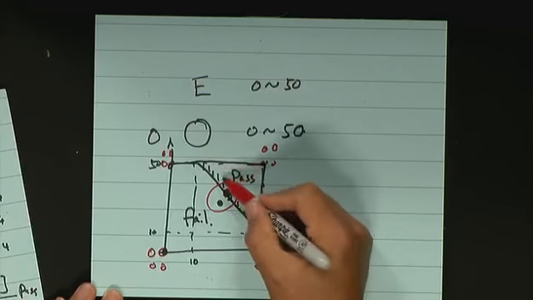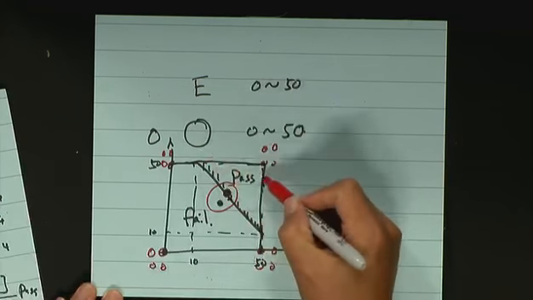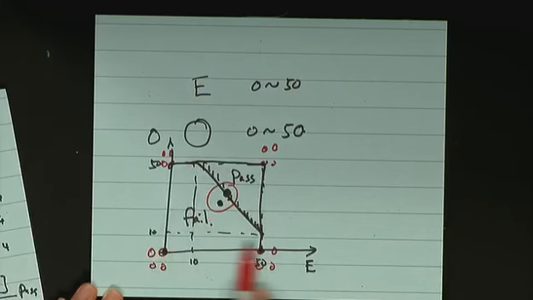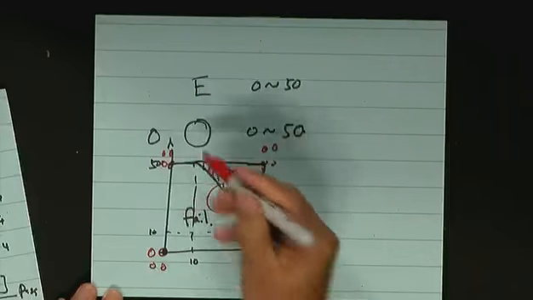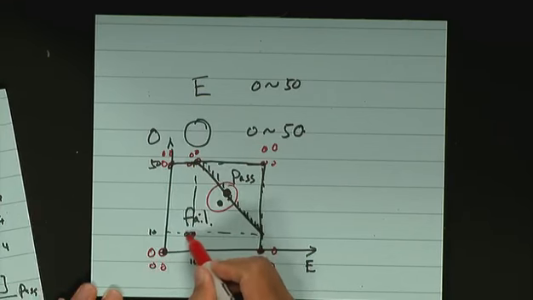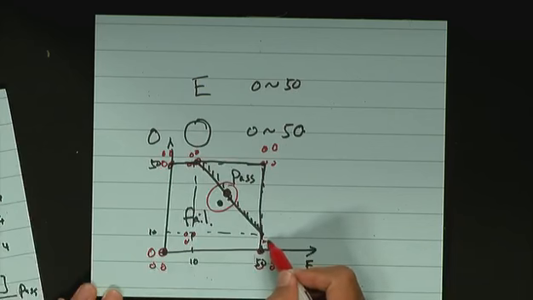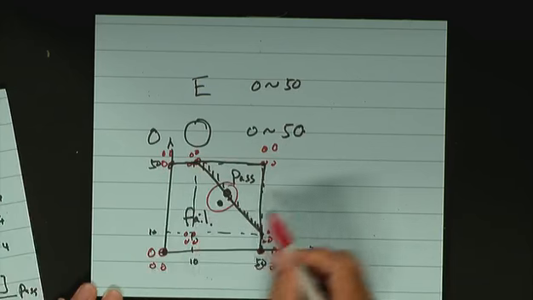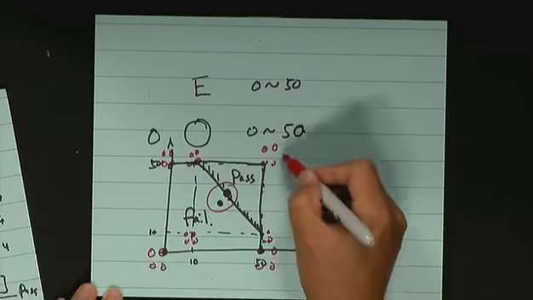And for the pass region, the minimal is here, max is here, minimal is here, max is here. So you get those. This is for the pass.